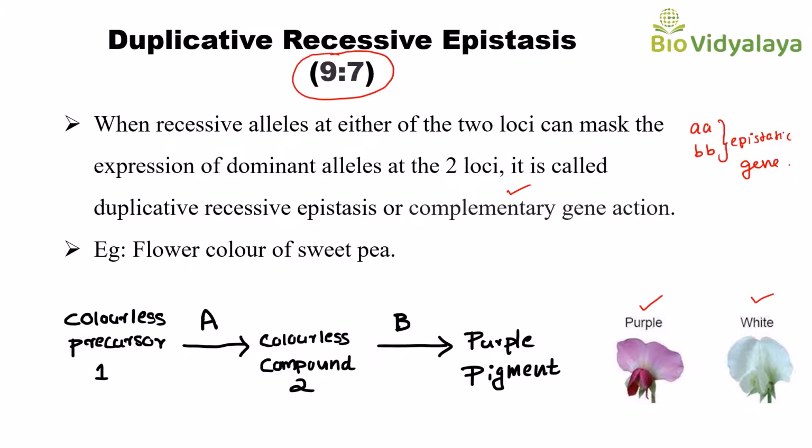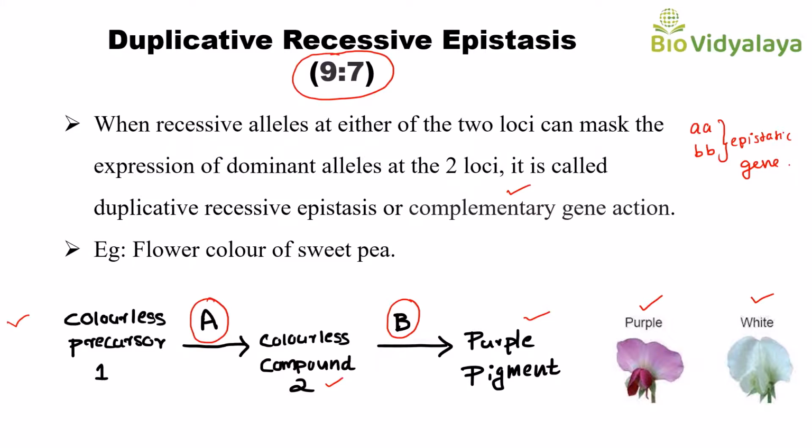We can write the pathway as colorless precursor 1 is converted to colorless compound 2 by the enzyme coded by the gene A, the dominant form of the gene A. Next, the colorless compound 2 can be converted to purple pigment by the dominant form of the gene B coded enzyme.